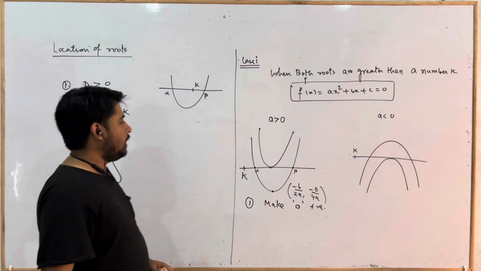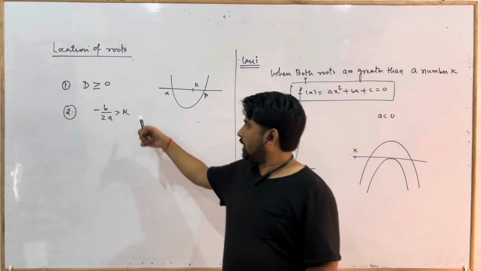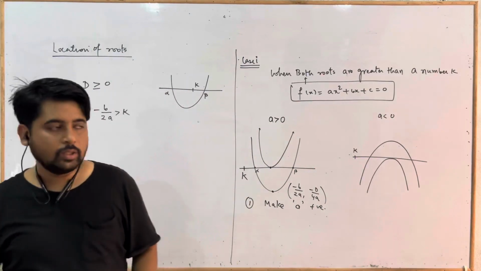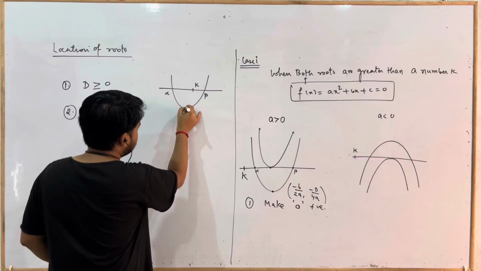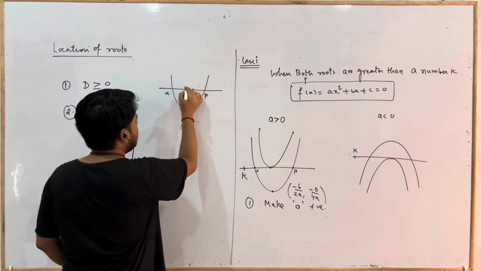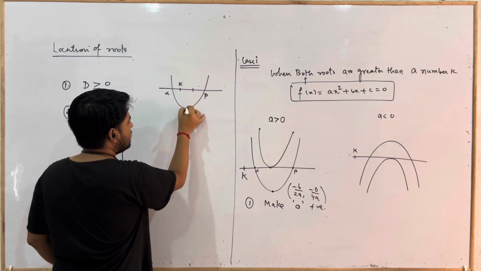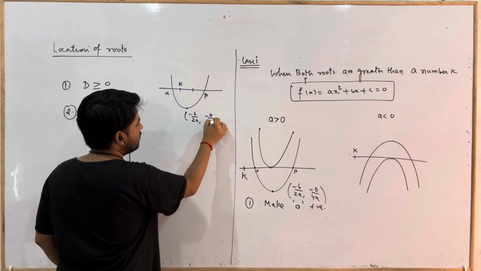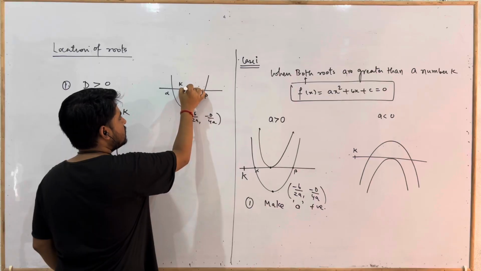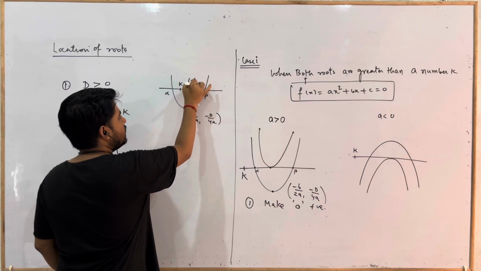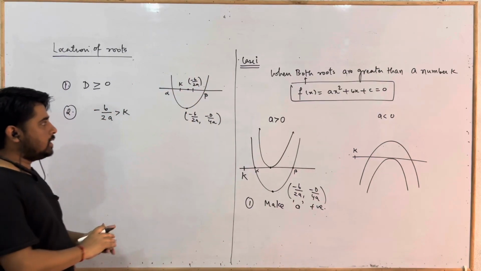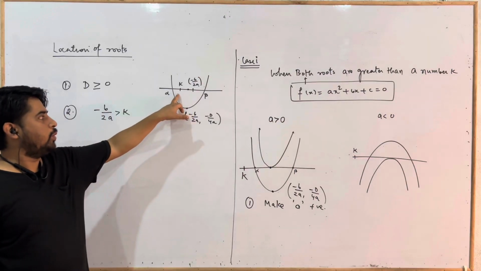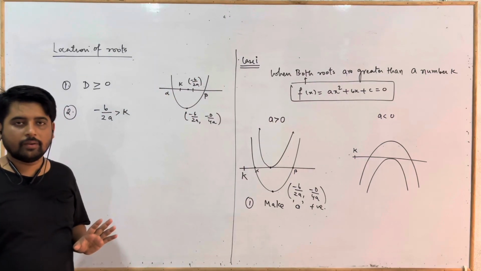Now, are these both conditions sufficient? Look at this case. Let's suppose I write k here, and this is the vertex minus b by 2a, comma minus D by 4a. In this case also, your minus b by 2a is greater than k.